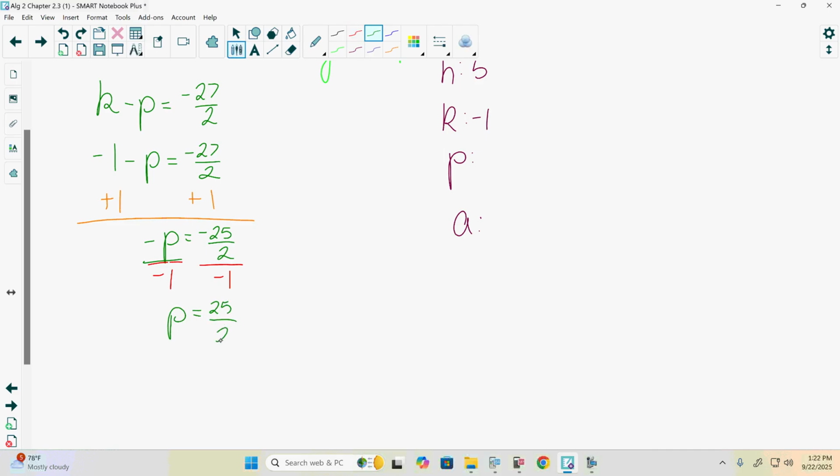Negative 25/2 divided by negative 1 is positive 25/2. a equals 1 over 4p. Plug in p, 25/2, into this here.